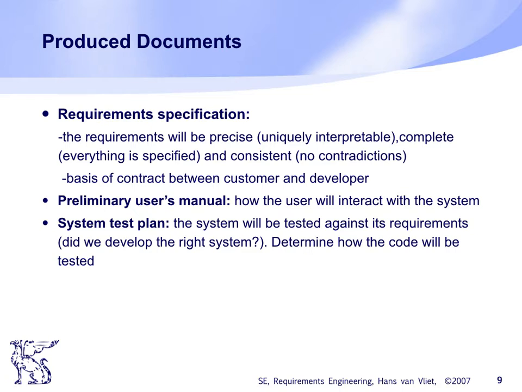The system will be tested against these requirements, right? If we want to determine whether we have developed the right system, whether it will satisfy the customer's need, then we have to test it against these defined requirements. That's why we have to provide a system test plan.